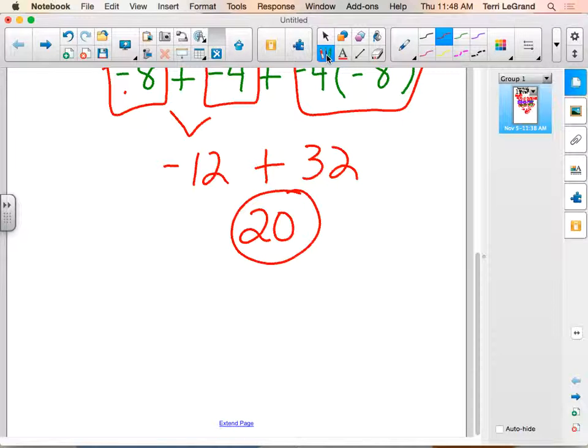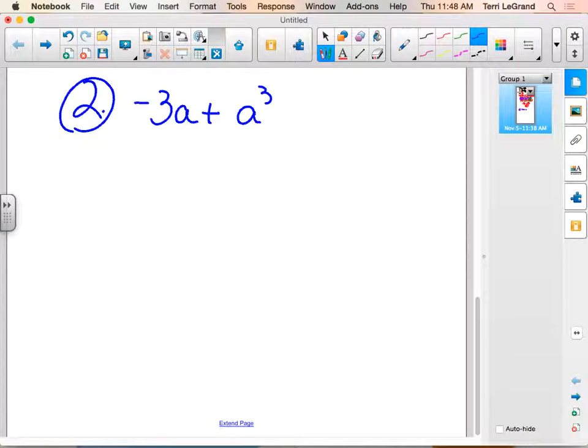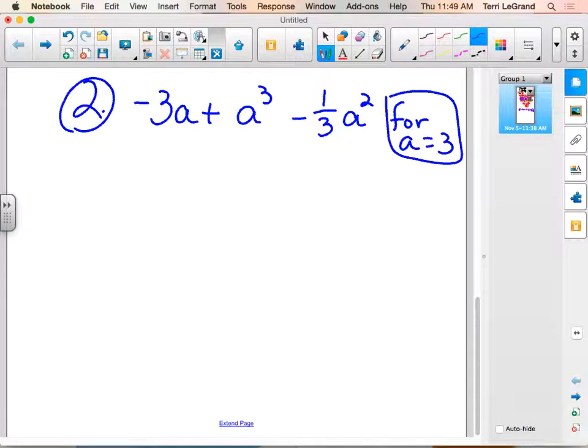Okay, let me go through one more with you then, and we can go to work on homework. Got to do one with a fraction in it. Okay, there's our polynomial.